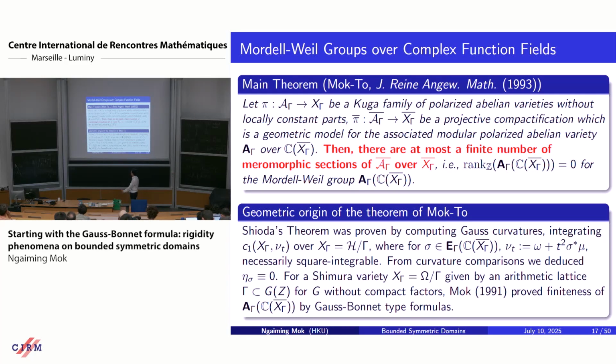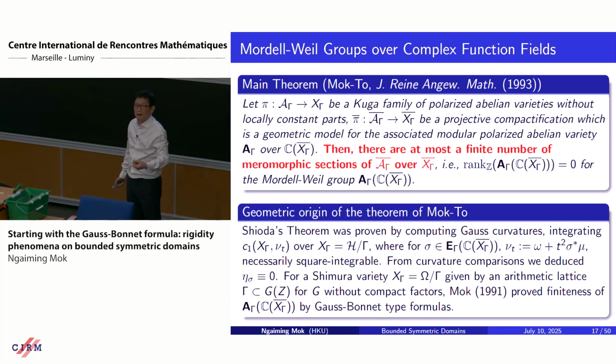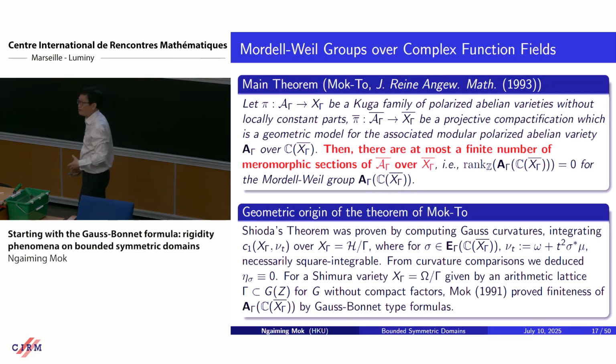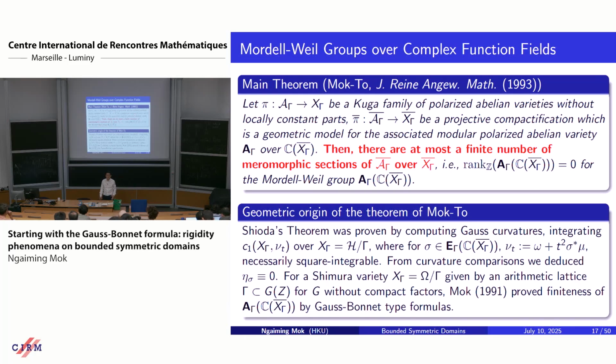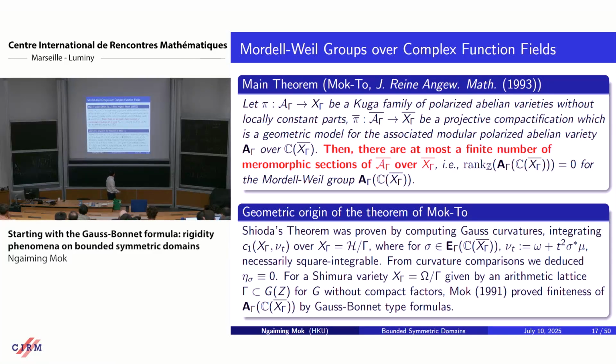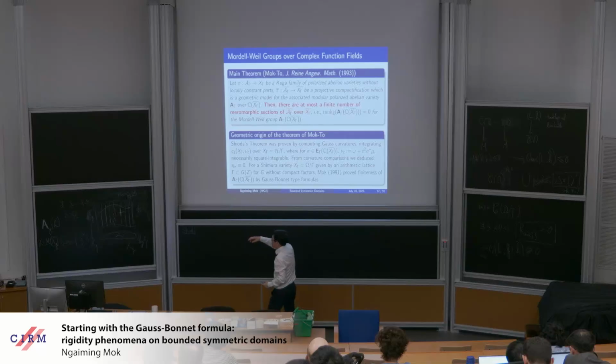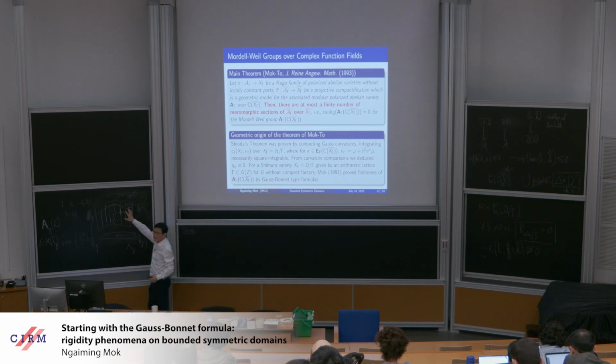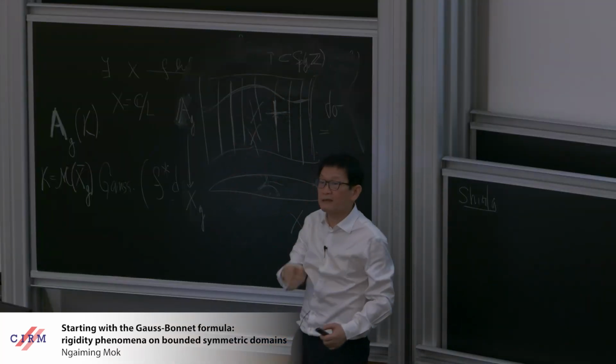The geometric origin, as I said, is that when I think about the Siegel modular variety, I saw immediately that you have the finiteness theorem, because it's more rigid. And when you do the Gauss integral, you look at the pullback. So you have this family of metrics. I can scale, right? So this is a Kähler metric. And when you restrict this Kähler metric to here, there's a parameter t.